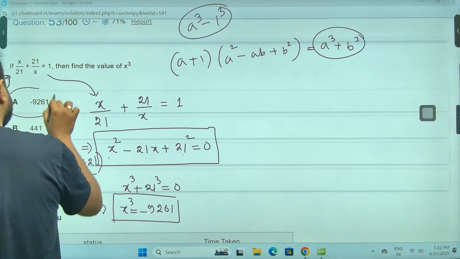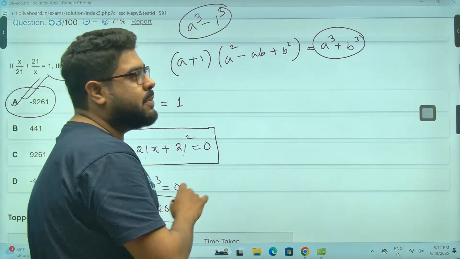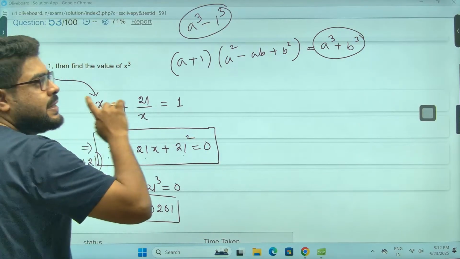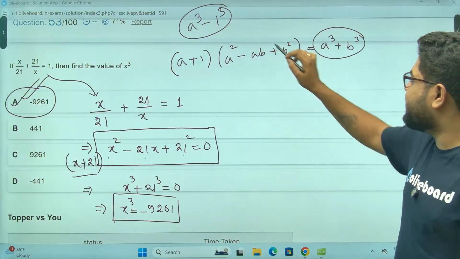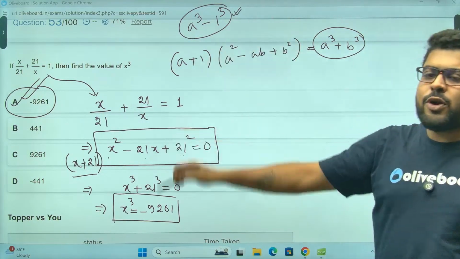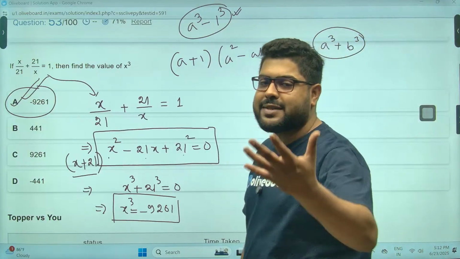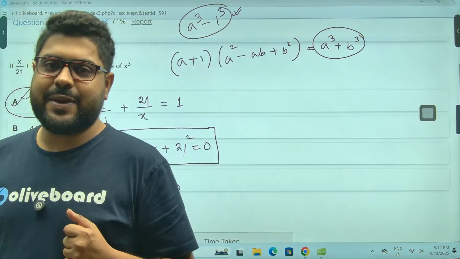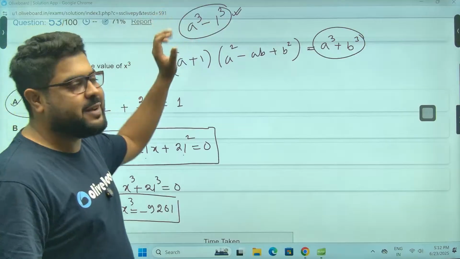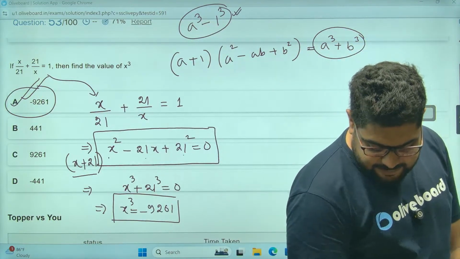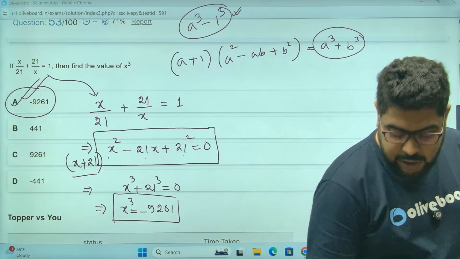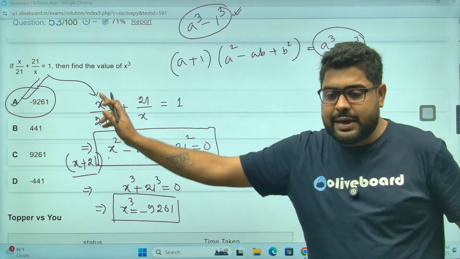Option number A, sir. Now again, please remember, if this is minus, then we get something else. This comes from the cube root of unity, if you had mathematics in class 11th, 12th, then you will surely know this. It's very simple, but again, I told you, understand or recognize this format.